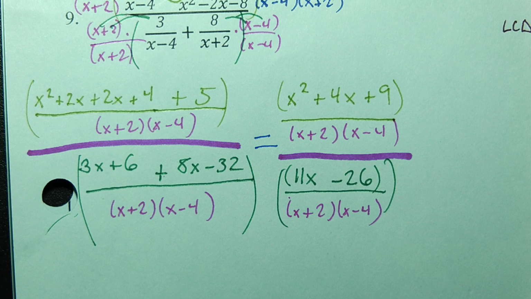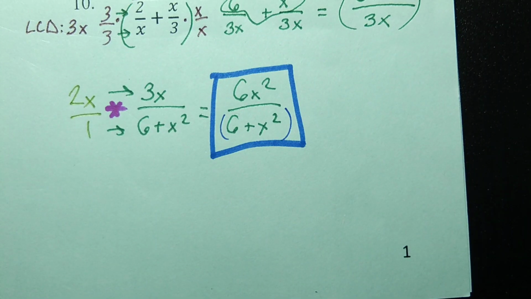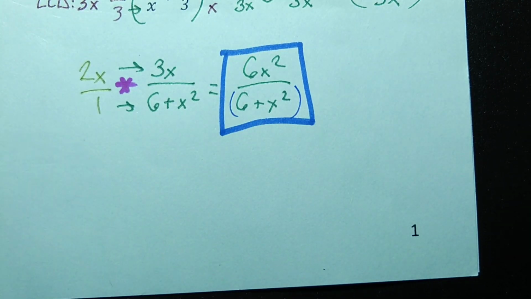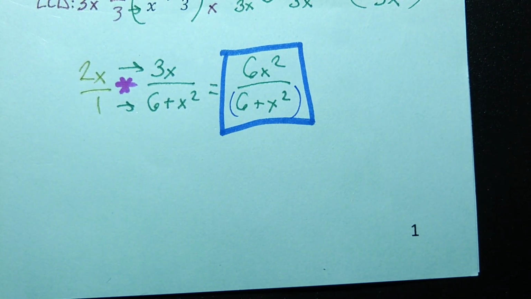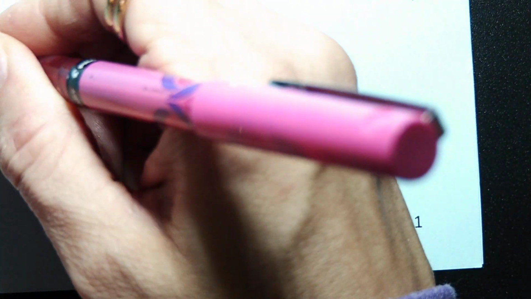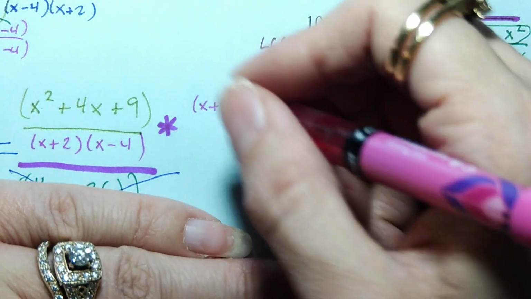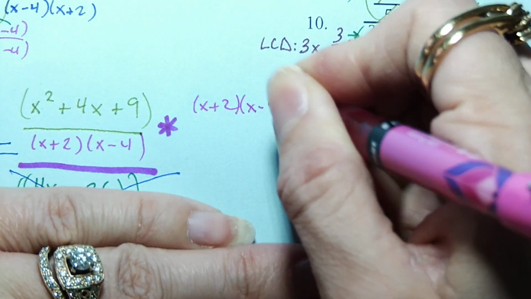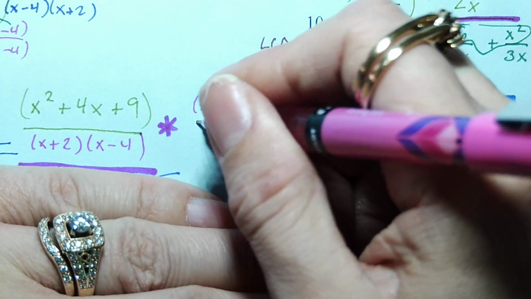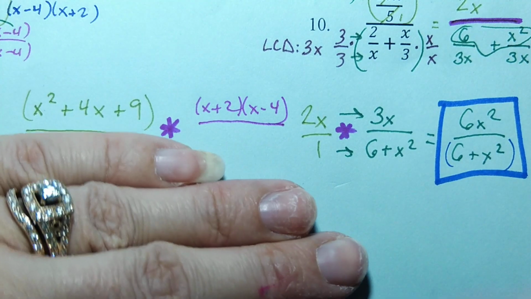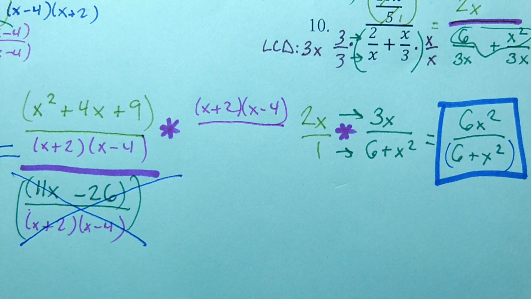All right, folks, keep, change, flip. Keep the top. I am just going to change this to be multiplying by the reciprocal of the bottom, right next to the top. So x plus 2 and x minus 4. So now I am flipping the bottom. So the 11x minus 26 will be on the bottom.